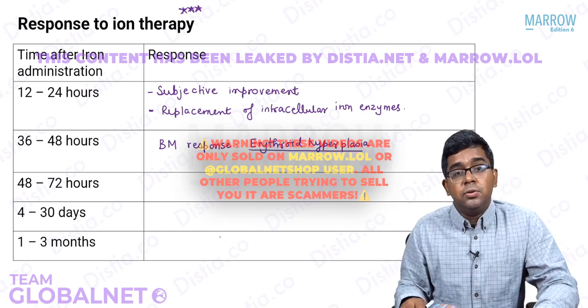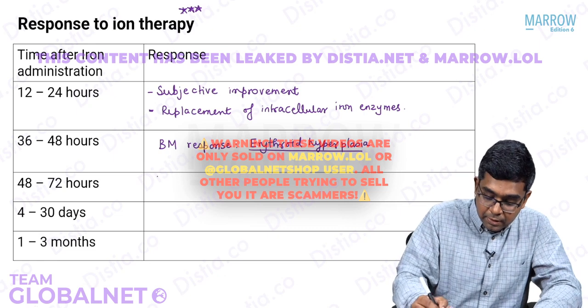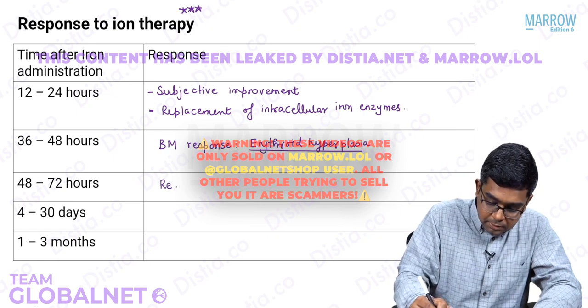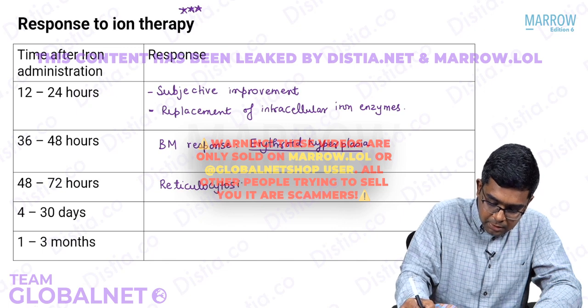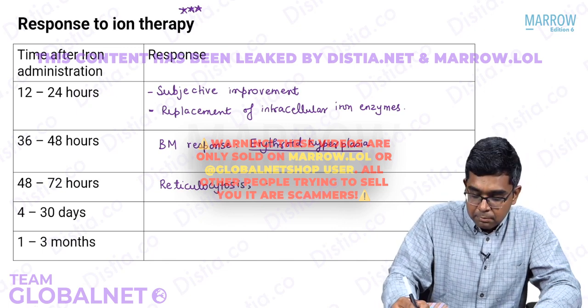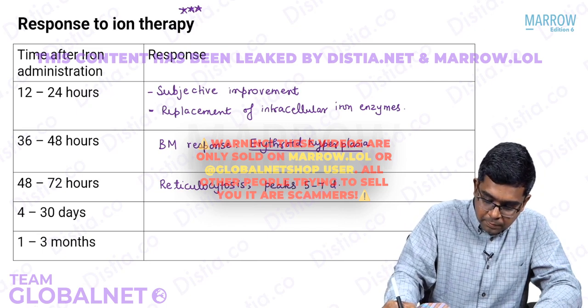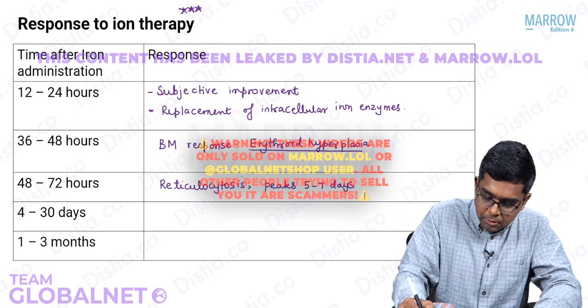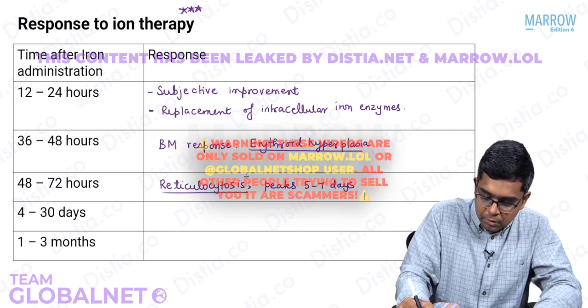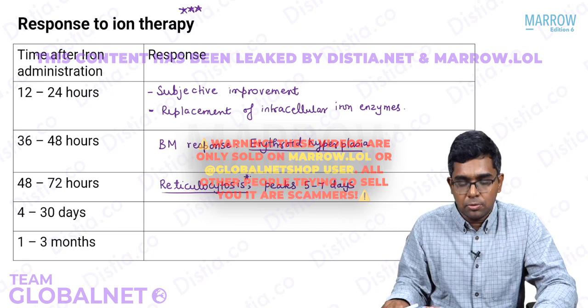Next, 48 to 72 hours. This is where reticulocytosis happens. Reticulocytosis starts by 48 to 72 hours, but it peaks by 5 to 7 days. And this reticulocytosis response is again asked in one of your previous exams. So you should make a note of it.